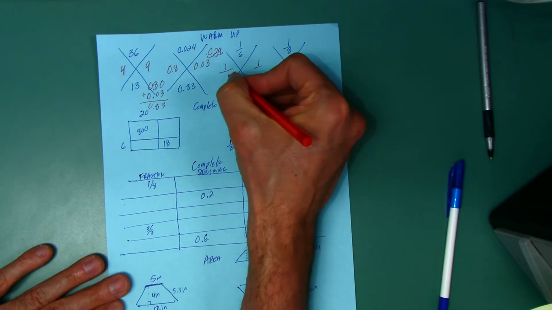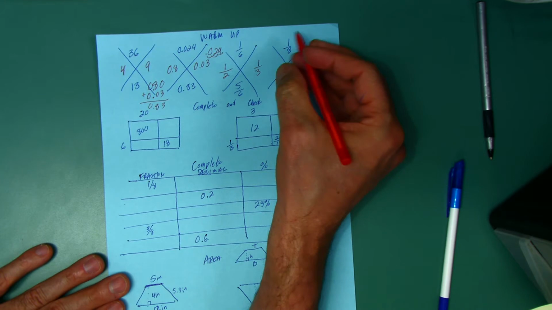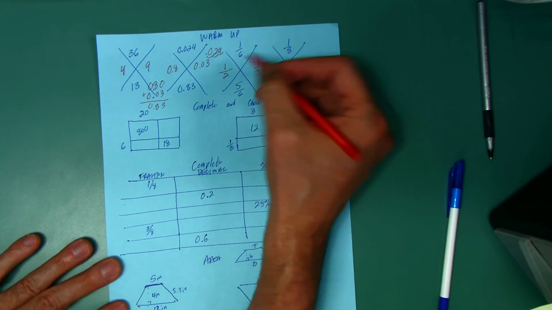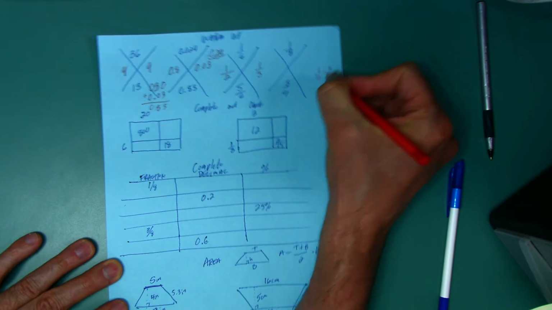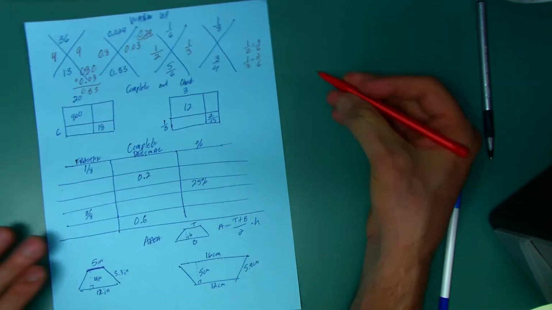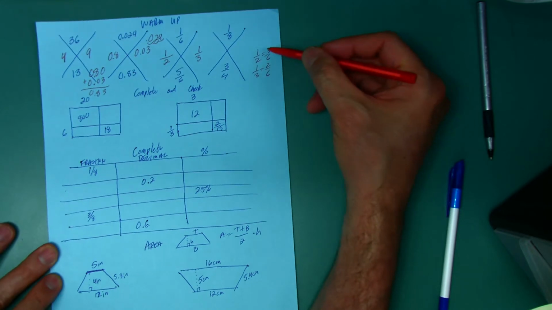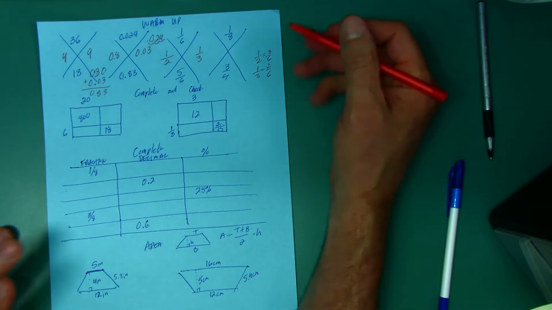Well, what else equals 6? How about 2 and 3, right? And when I go to add these, 1/2 is the same as 3/6, and 1/3 is the same as 2/6. So when I add 1/2 and 1/3, that's like 3/6 and 2/6. I get 5/6.